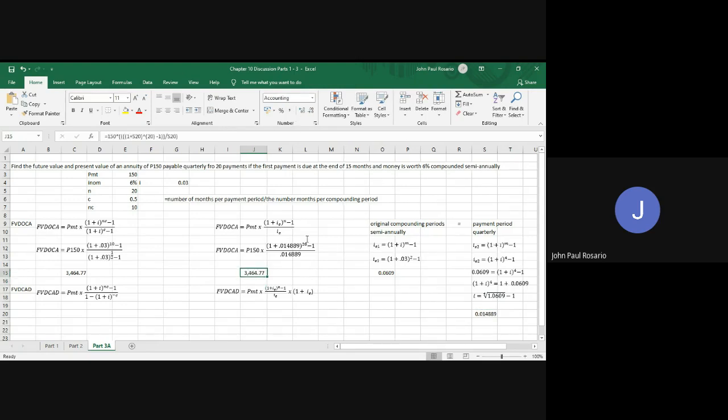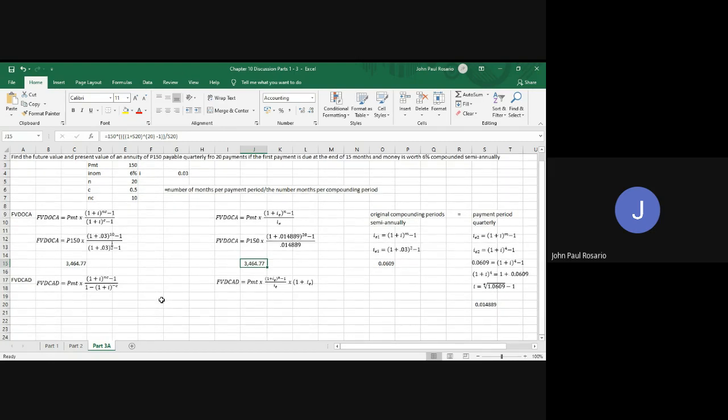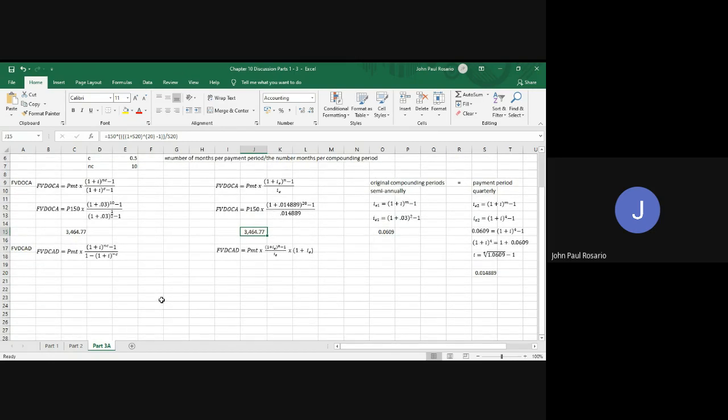Now let's go to an annuity due. So what if the payments were made at the beginning of each quarter? Yeah, let's just use this again.